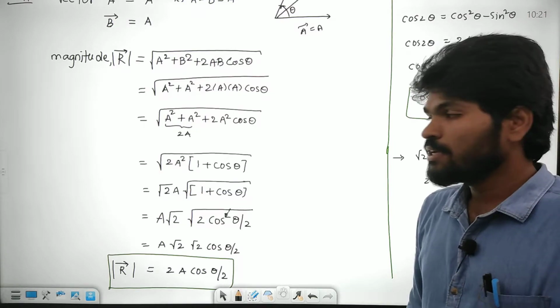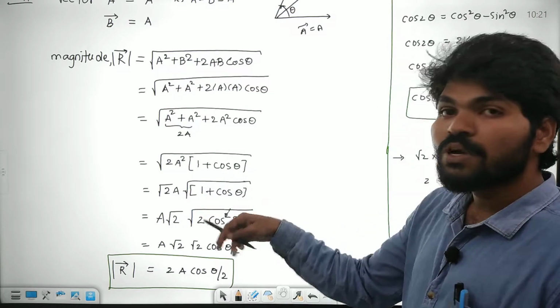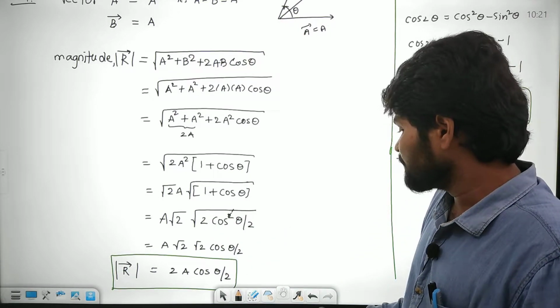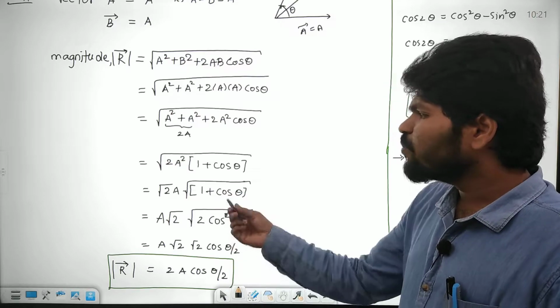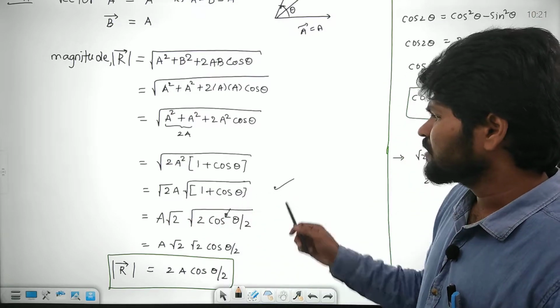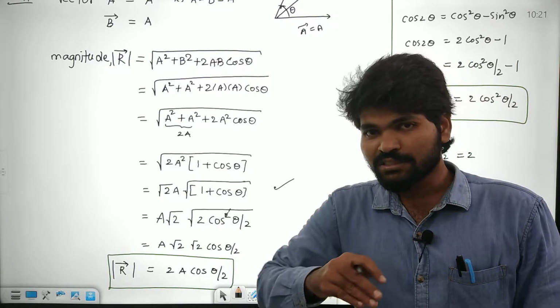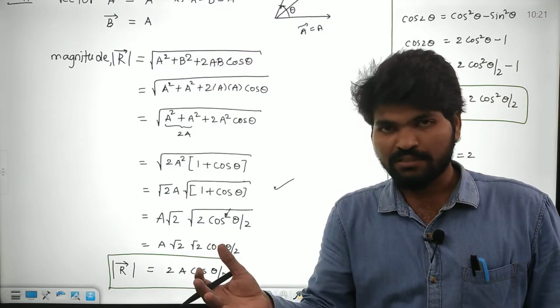Some people may ask, sir, why do we have to convert 1 plus cos theta in terms of cos square theta by 2? No, you need not convert. Actually this is the answer. But in your examination, they will ask for some elaborate explanation.